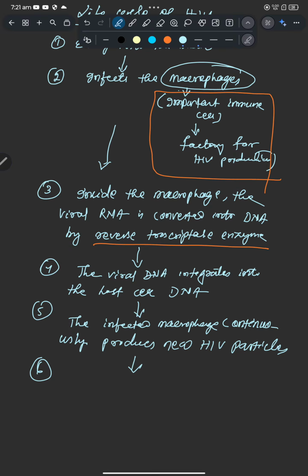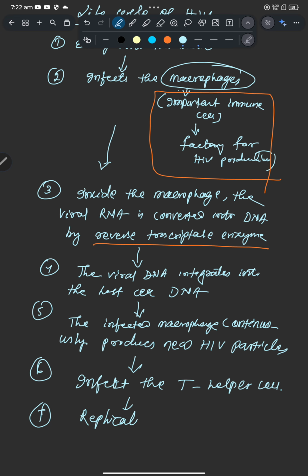Now, next what happens? After release from the macrophage, they infect the T helper cell. It infects the T cell, and replicates inside the T helper cell.